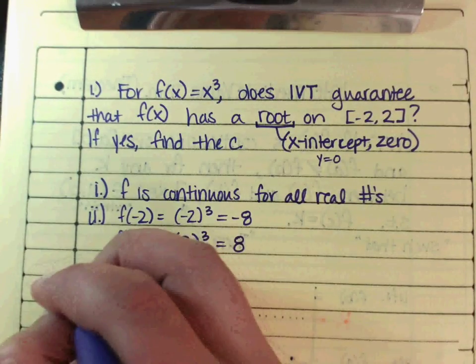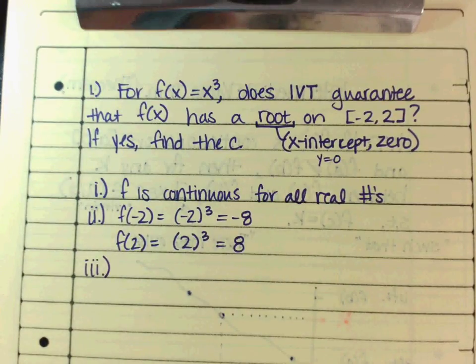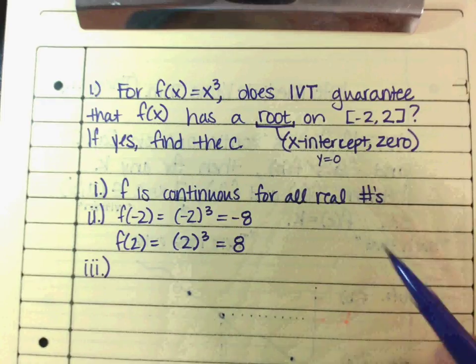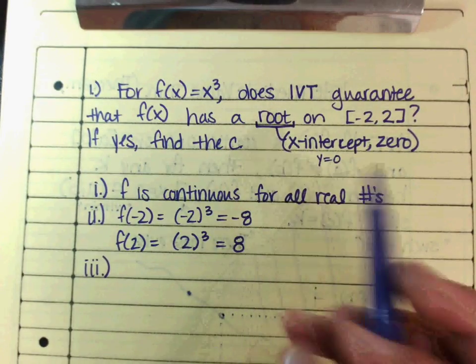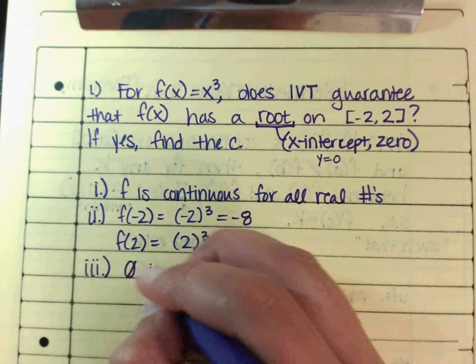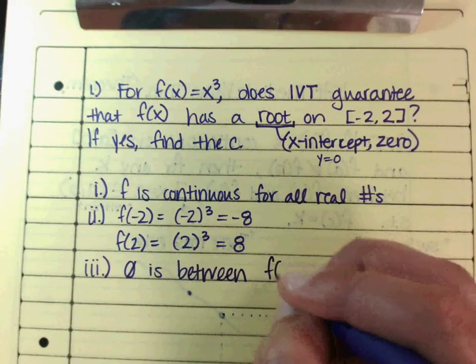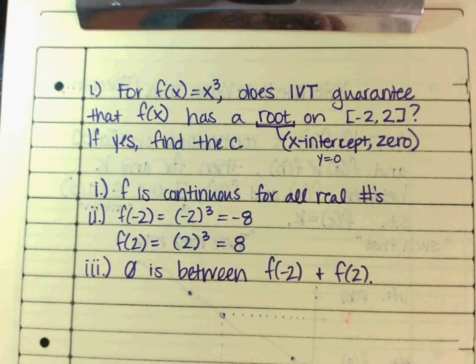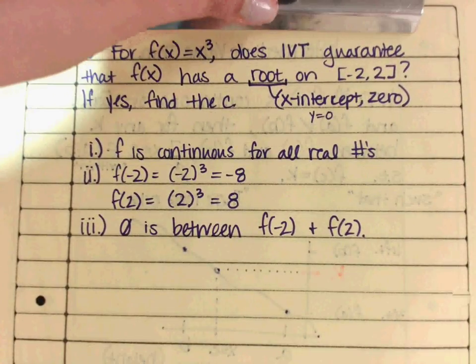Okay, step 3. So they were not the same. If I want a root, what y value do I want? Is 0 between those? Between negative 8 and 8? Yes. So then you would say 0 is between F of negative 2 and F of 2. So then all 3 of our conditions were met. Then we're going to do our little conclusion statement.